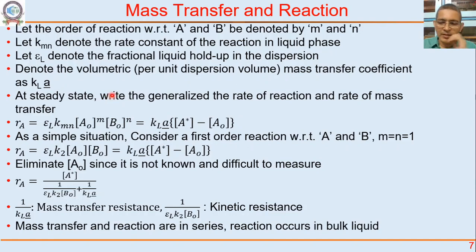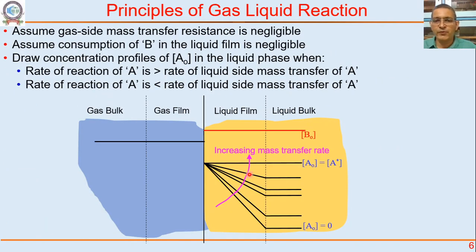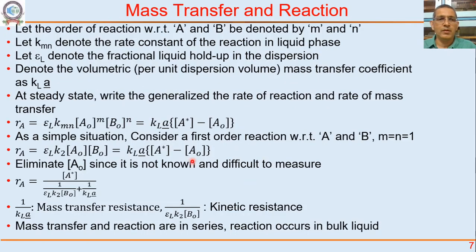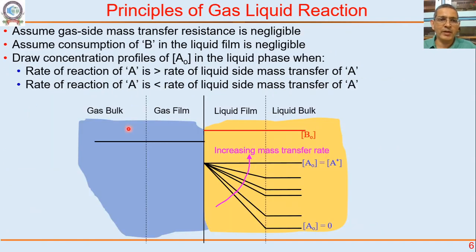So at steady state, you see these two steps are in series: mass transfer of A, and consumption of A. So at steady state, we can write a balance. Let's say at this particular situation, it is A naught and it is B naught.